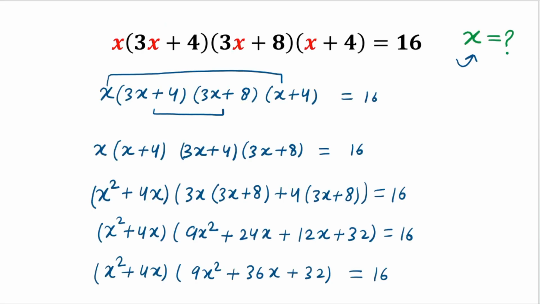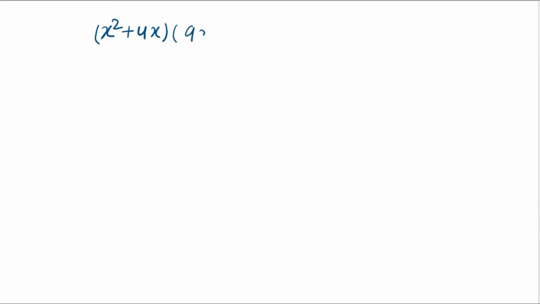X square plus 4x, and this is multiplied by 9x square plus 36x plus 32, this is equal to 16.